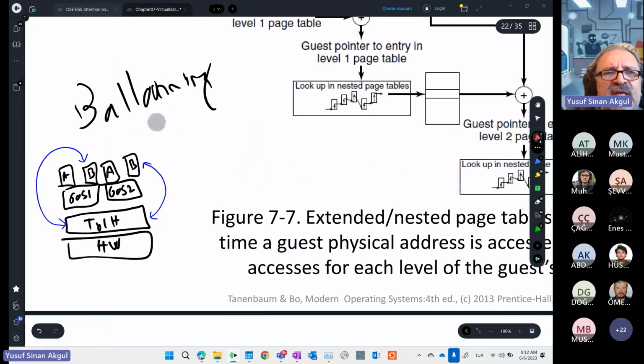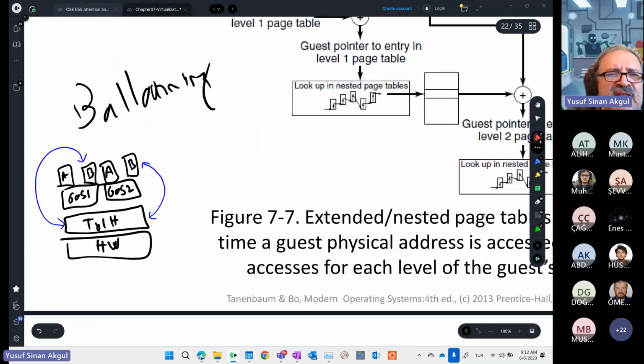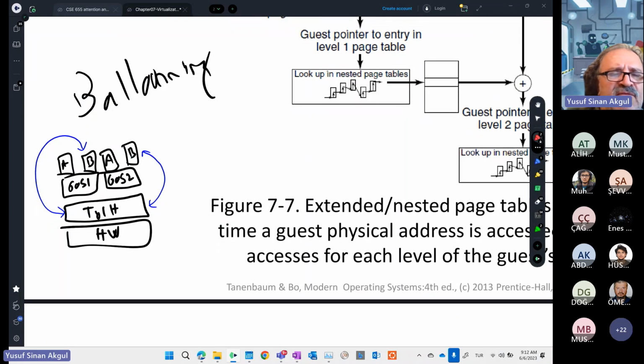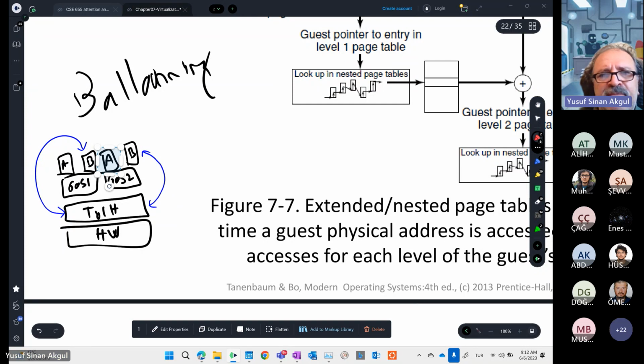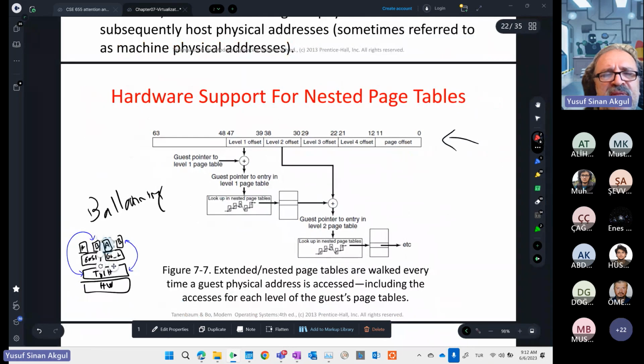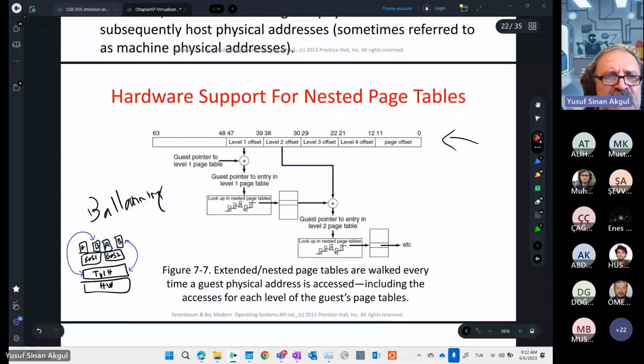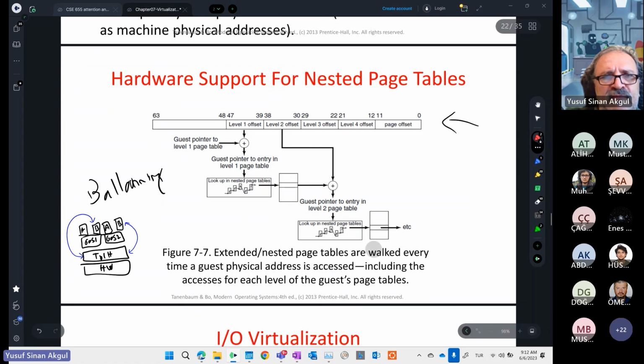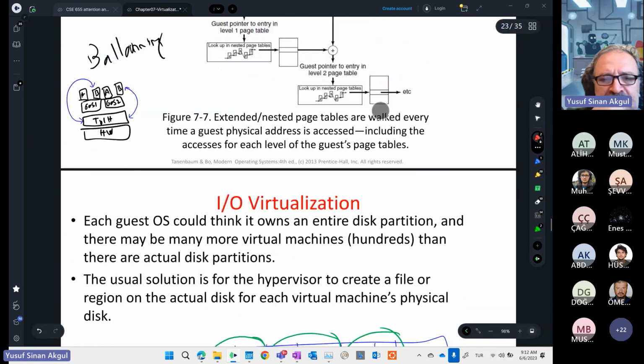This is called ballooning. So they inflate these processes or deflate these processes depending on how much the hypervisor wants these guest operating systems to use the memory. Okay, so you have to play these kind of tricks with the guest operating system when you manage your memory.